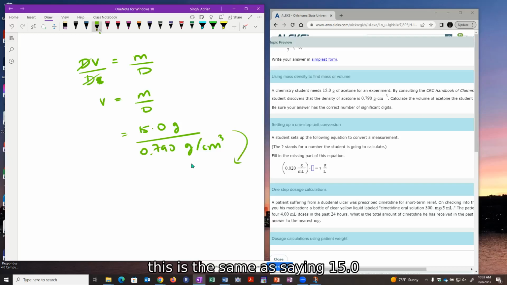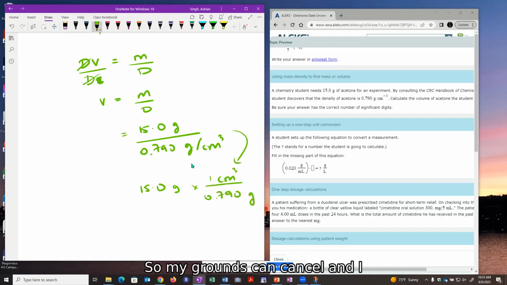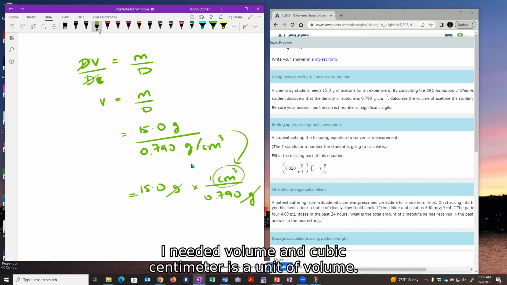This is the same as 15.0 grams times cubic centimeter over 0.790 grams. So my grams cancel, and I end up with cubic centimeters as my unit, which I want, right? I needed volume, and cubic centimeter is a unit of volume.